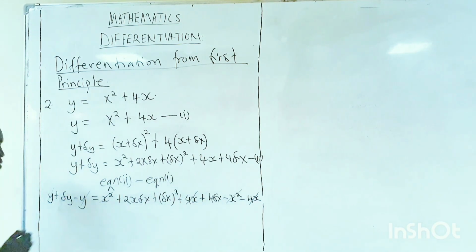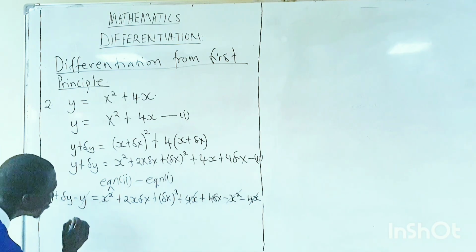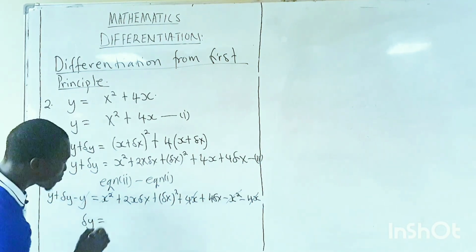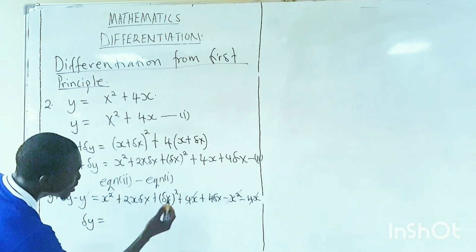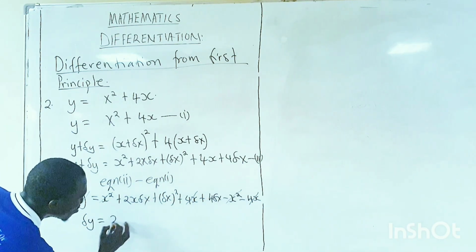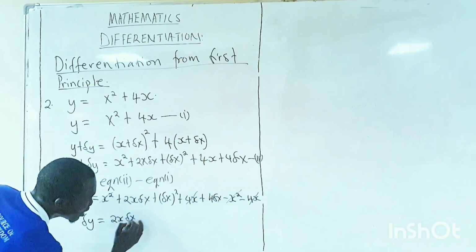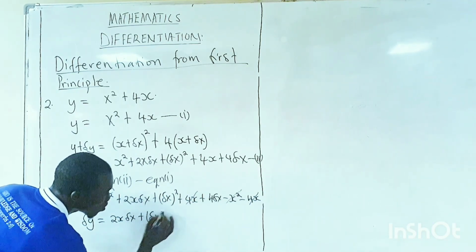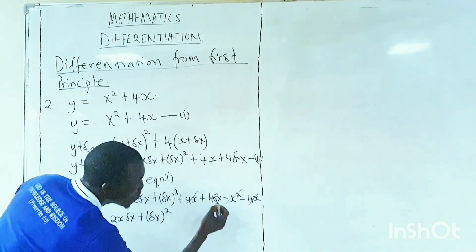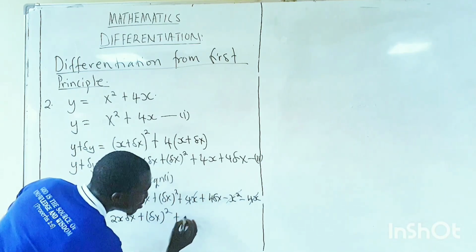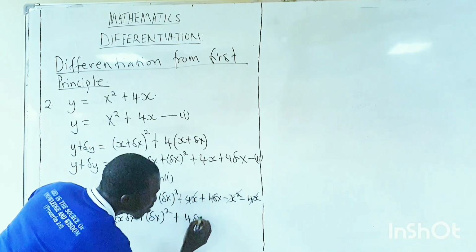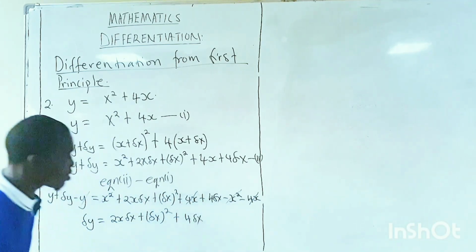So our equation now is delta y is given by what has remained: 2x delta x plus delta x squared plus 4 delta x.